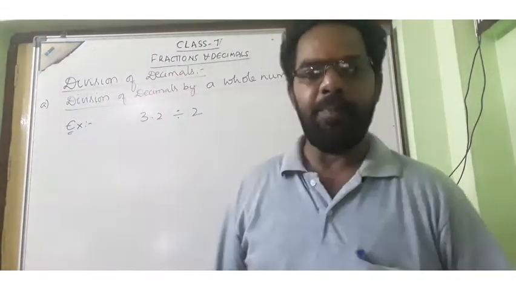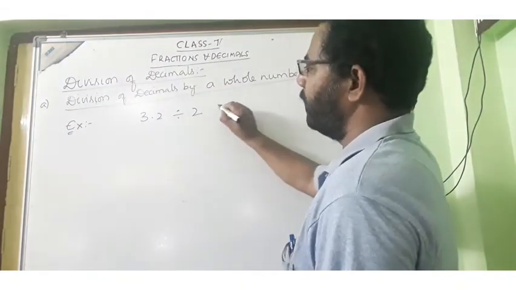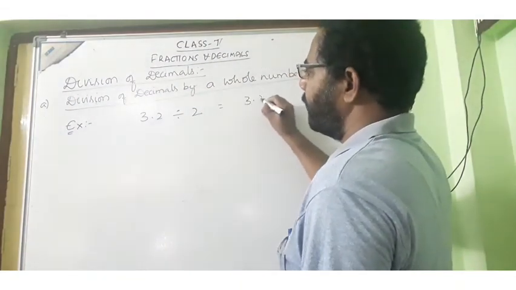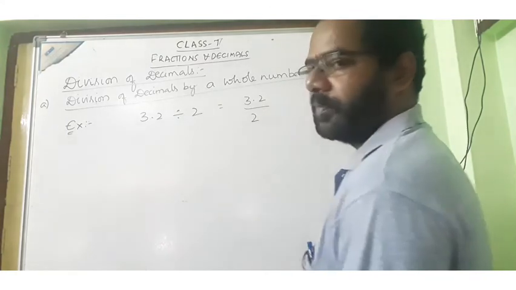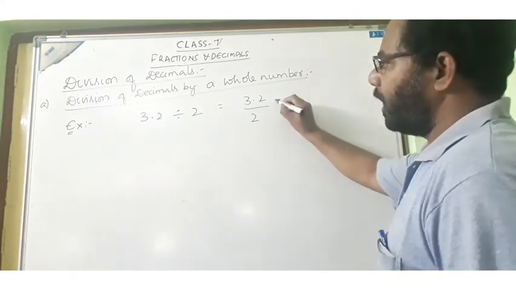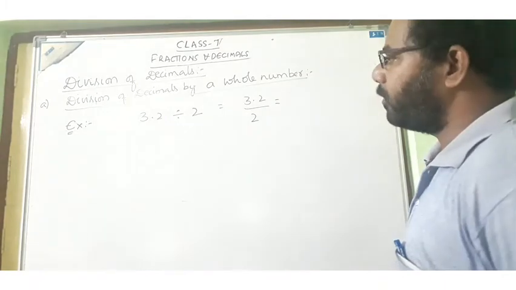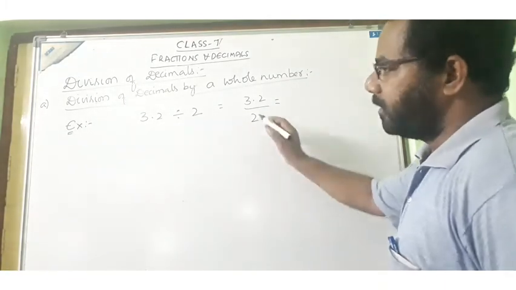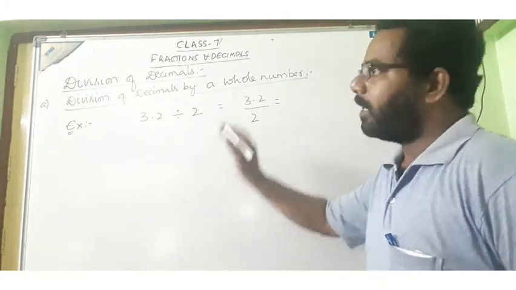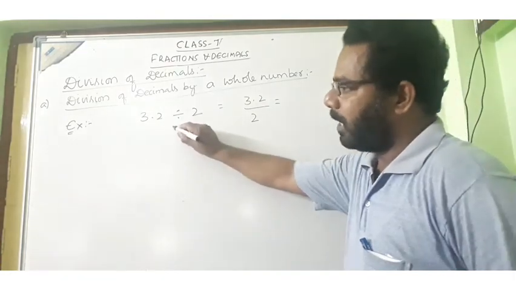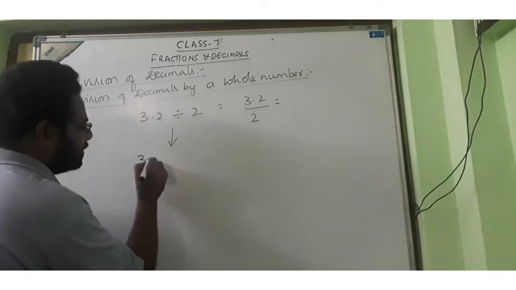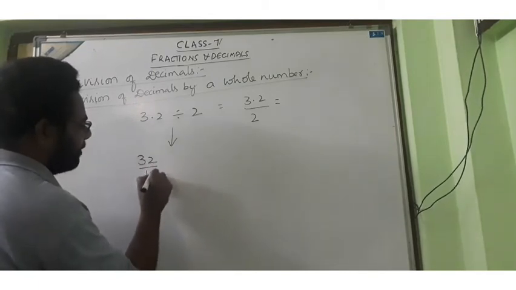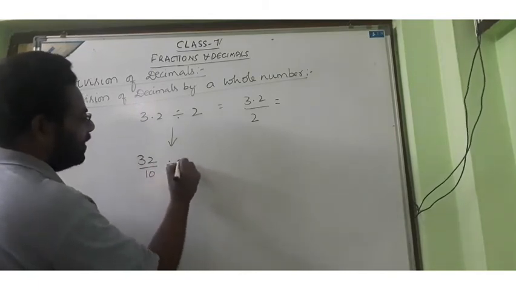Then what will happen? How can we write 3.2 divided by 2? Basically according to our chapter, 3.2 means we can write 32 by 10, divided by 2.